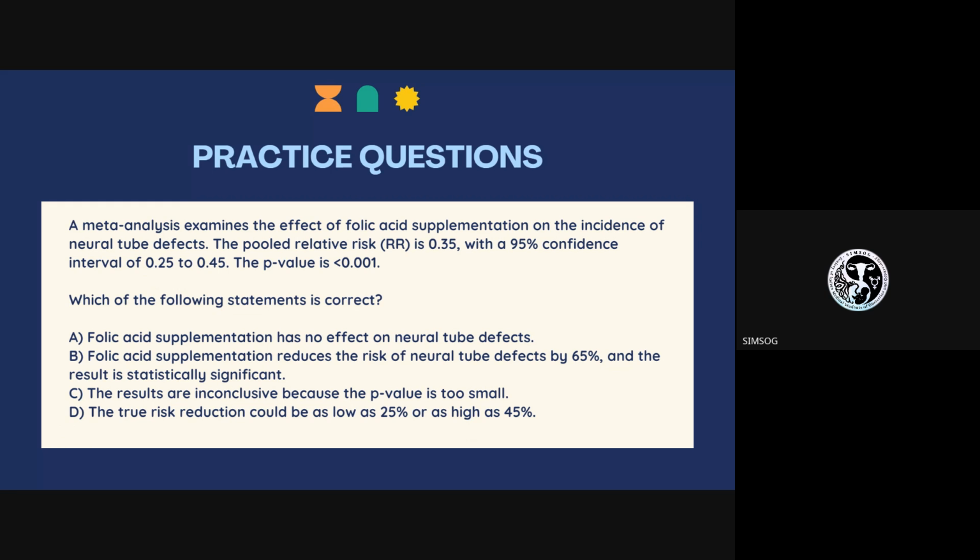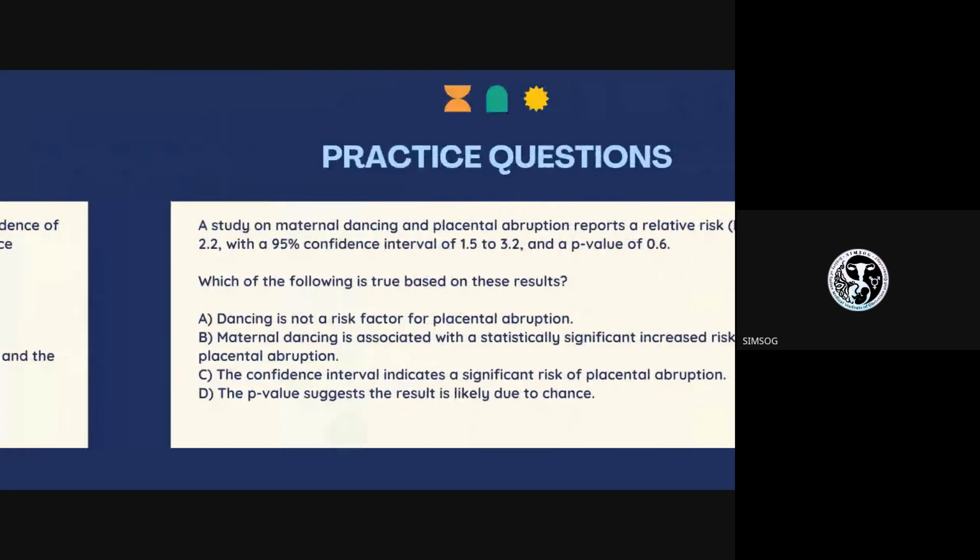Because remember what I told in the normal distribution graph, it is asymptotic. That is, at no value will the probability be zero. There is a non-zero probability of finding absolutely any value. So this definitive statement that it could be as low as 25% is not essentially correct.